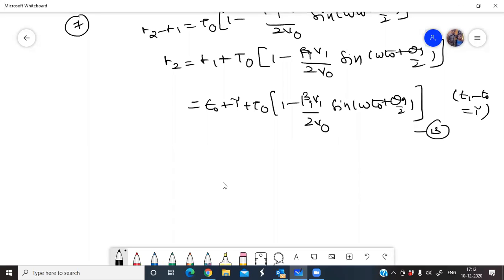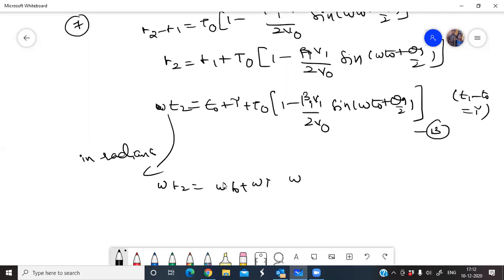Now this also I want to write in radians. Please write that equation in radians, this is T2, right? Same equation, just write in terms of radians, that is omega T2, omega T naught plus omega T plus omega T naught, like that.